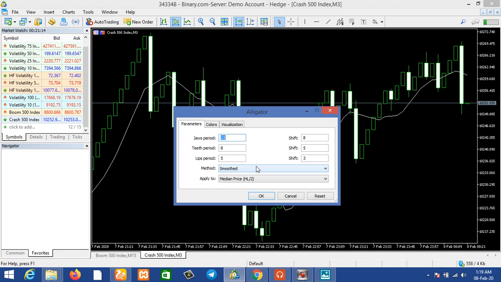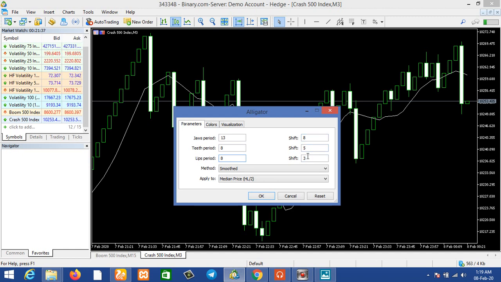The jaw period is 13, the teeth period is 8, the teeth shift is 5, the jaw shift is 8.